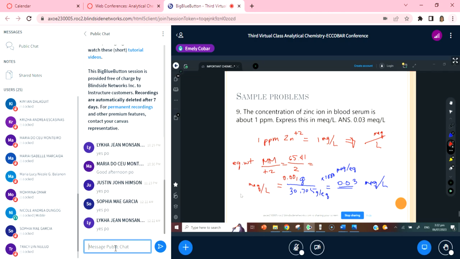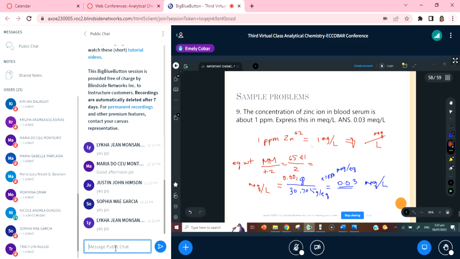Okay, next. Number 9. The concentration of zinc ion naman in blood serum is about 1 ppm. Okay? So 1 ppm, ano ibig sabihin ng 1 ppm zinc? It means 1 milligram per liter, di ba? Yung definition natin ng 1 ppm.